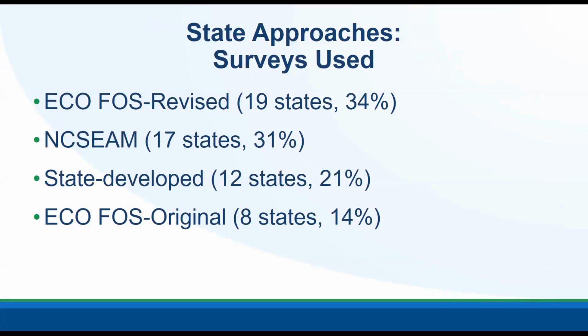In all those cases, we tried to code the method that was used for the indicator reporting. So as an example, if a state used a state-developed survey, but then they added 3 APR questions from the FOS original, we would code that as FOS original. So just a note that sometimes there's additional information included in all of these groupings.